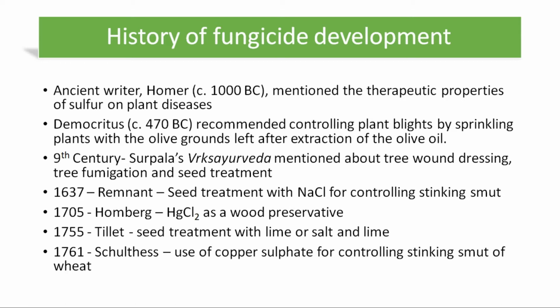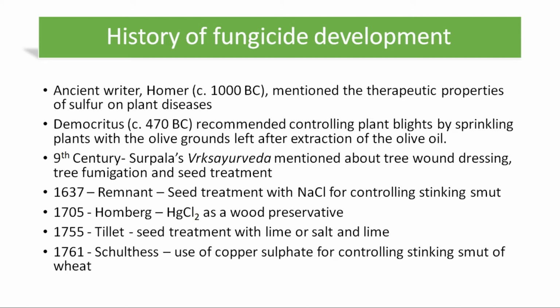These salts are coming into picture for plant disease management. In 1755, Tillett, who is known for his work on wheat, reported seed treatment with lime or salt and lime for management of wheat diseases.